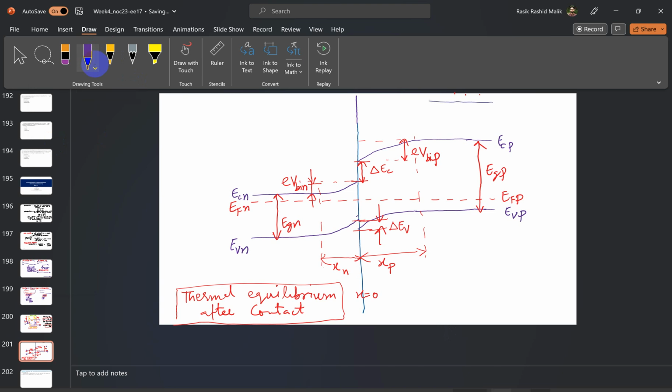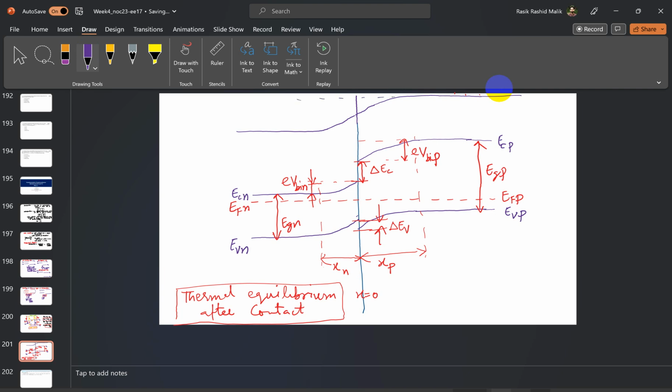So say this is the bending on the N side, and that was on the P side. I'll try to draw parallel to the conduction band and then parallel to the valence band. Okay, so this is my vacuum level.